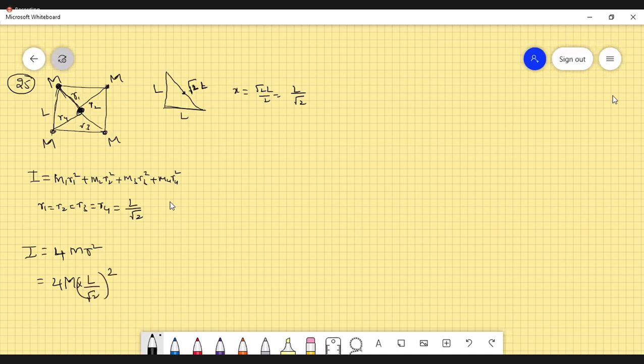How much is it? Root 2 square is 2, so 4 by 2 is 2. So the moment of inertia is 2 M L square. Understood? Yes, sir. Any doubts? No, sir.